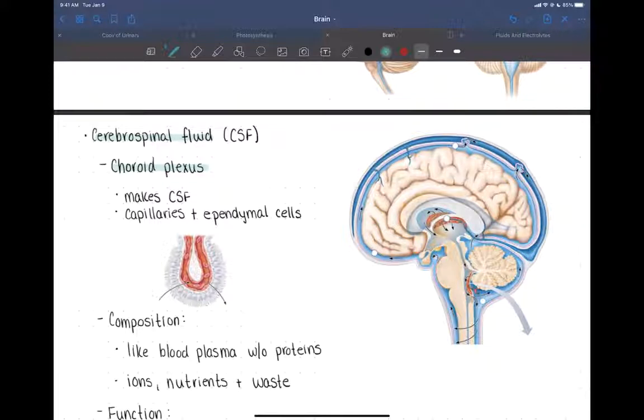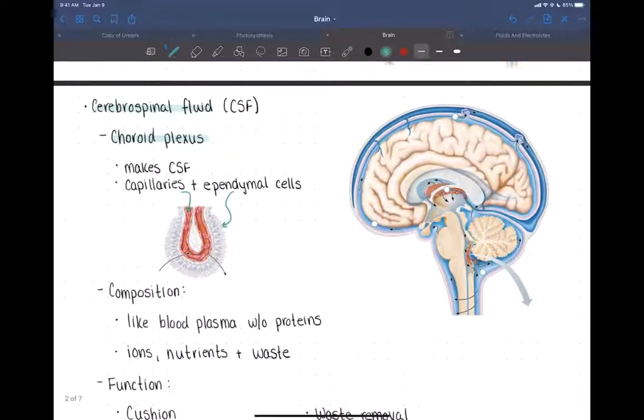The choroid plexus, its function is to make CSF. It's composed of a series of capillaries that are surrounded by ependymal cells. Remember, our cells that help to circulate that CSF. So we have our little ependymal cells here, and we have our little capillaries running inside of them.